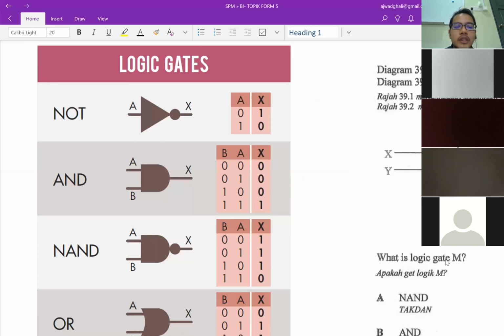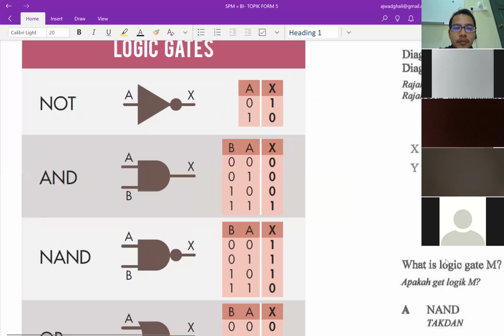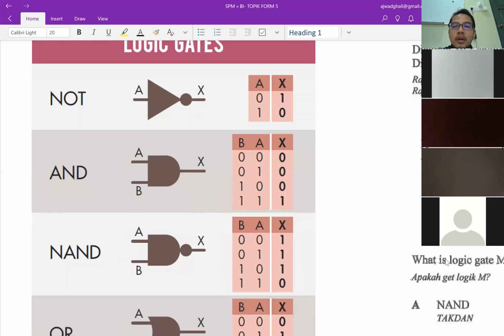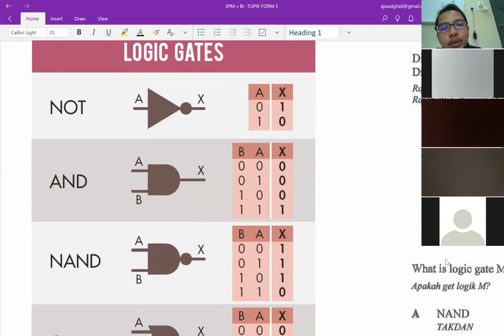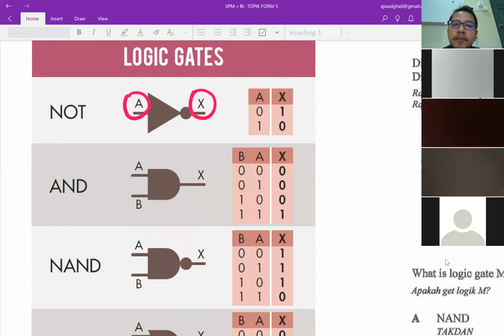But in SPM, the logic gate is really simple. You need to remember three gates, the basic three gates. So the first gate is NOT. Okay, NOT, you have one input and one output. So NOT always does the opposite.